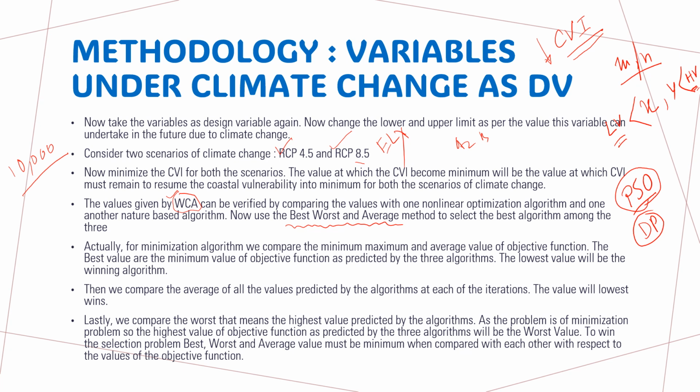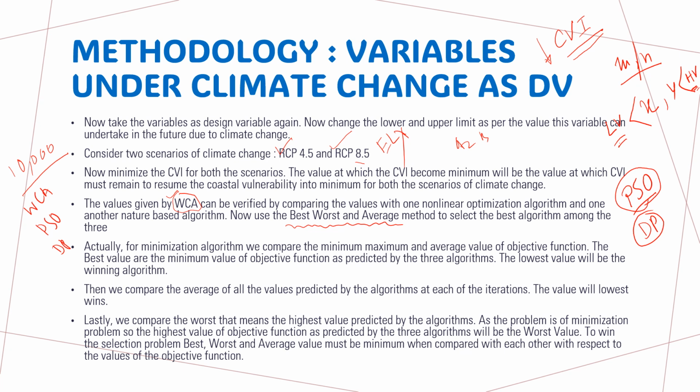So your WCA is predicting, your PSO is predicting, and also DP is predicting. Now, how to select which one has the best solution? So what we do is we use this method known as best, worst, and average method. Now this is a minimization problem, so the lowest is the best, highest is the worst.